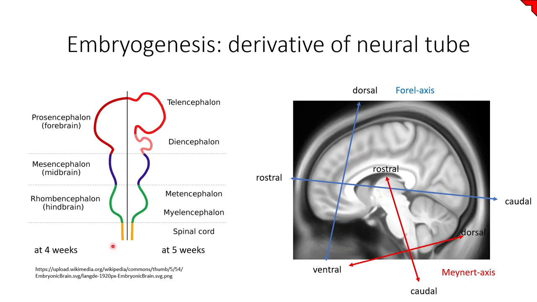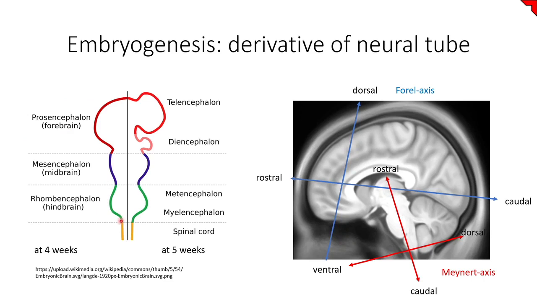If we look at the embryogenic brain at week 4, this neural tube that makes up the central nervous system, so the neurons and the central glia, differentiates into 3 distinct neural vesicles, which are called the rhombencephalon, or the hindbrain, the mesencephalon, or the midbrain, and the prosencephalon, the forebrain.